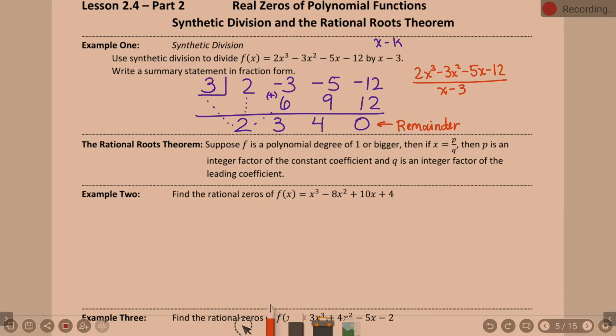That's the math we just did, yes. Equals 2x squared plus 3x plus 4. That whole thing there is officially your summary statement. In all honesty, though, the answer is 2x squared plus 3x plus 4.